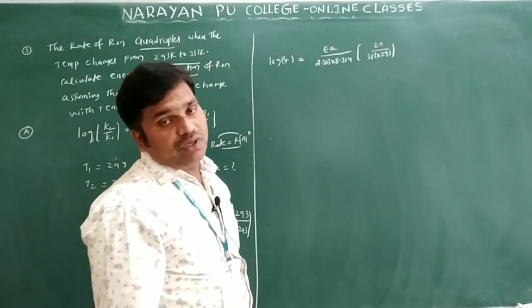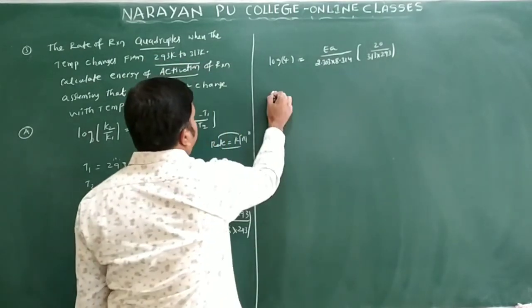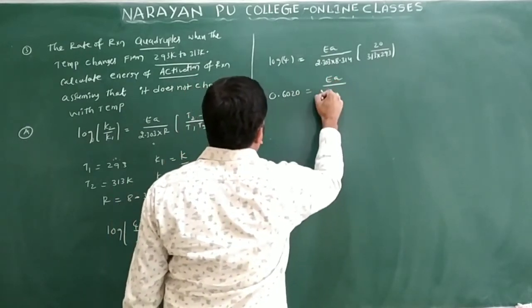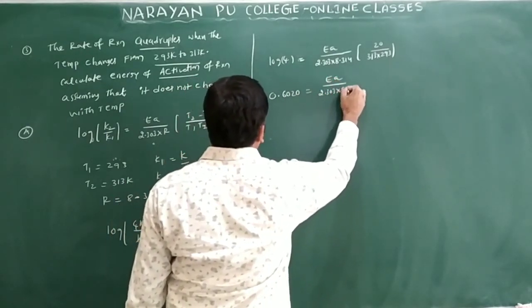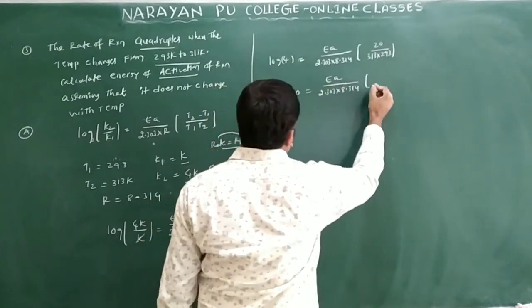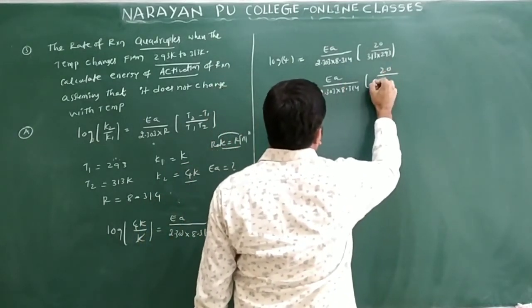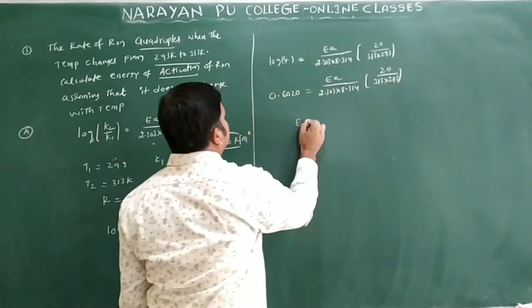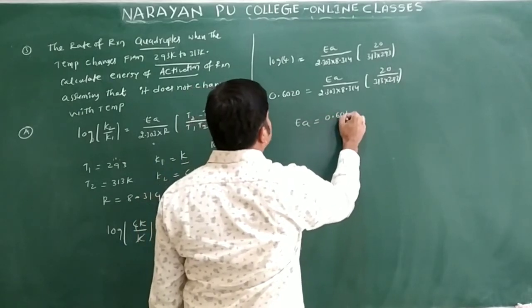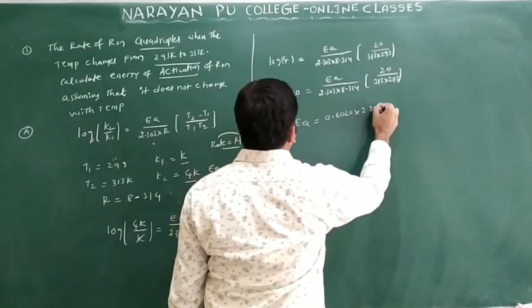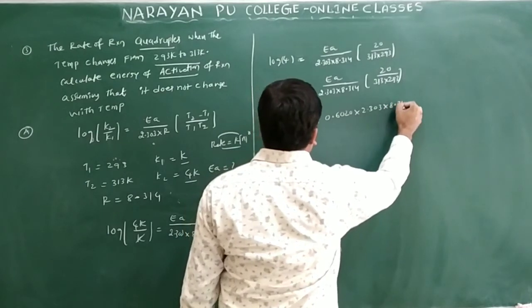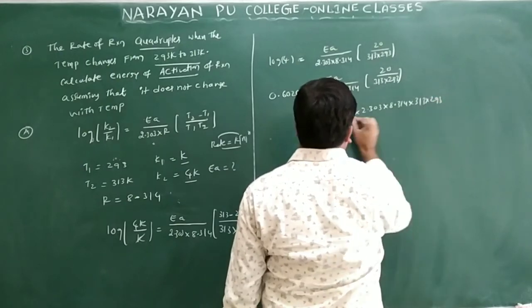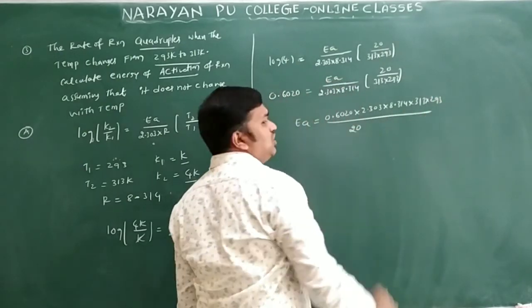Log 4 value is 0.6020. So 0.6020 is equal to EA by 2.303 into 8.314, into 20 by 313 into 293. So EA is equal to 0.6020 into 2.303 into 8.314 into 313 into 293 by 20.